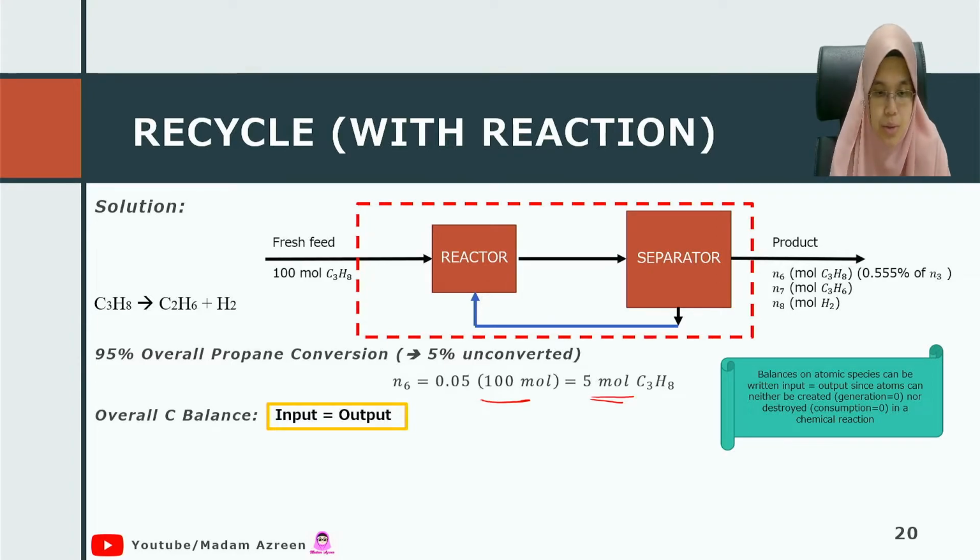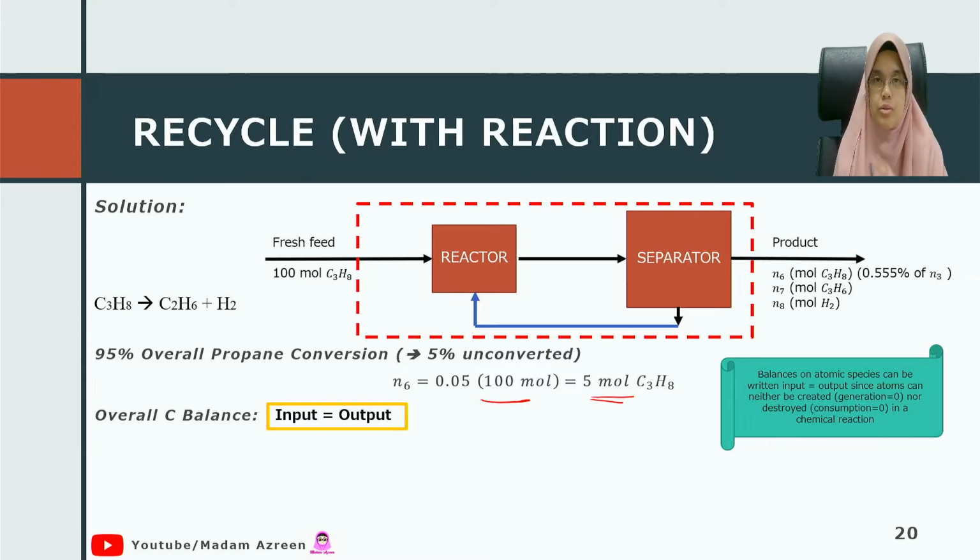So your N6 is 5 mole because of 95% conversion. 95% conversion meaning to say 95% of propane is converted into propylene, or there is 5% of unconverted propane left. That's why you can directly calculate your N6.